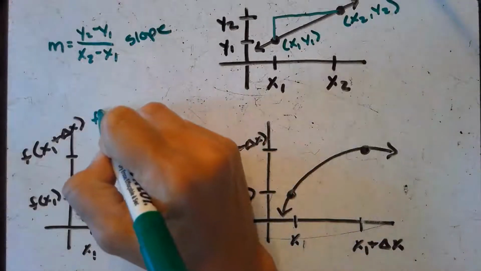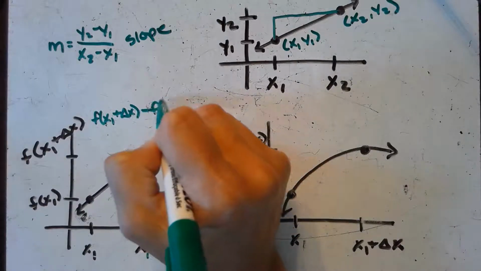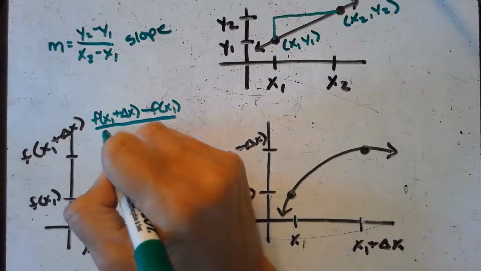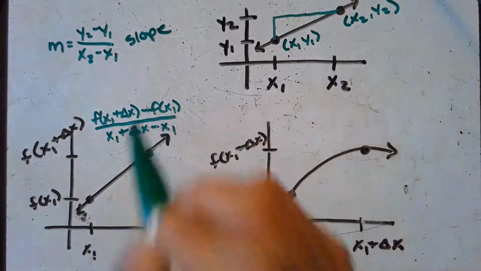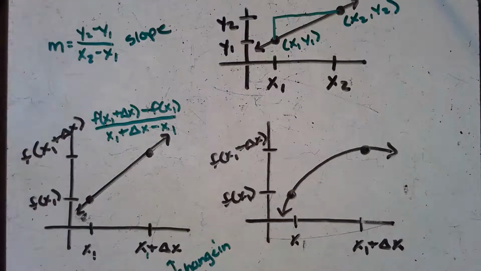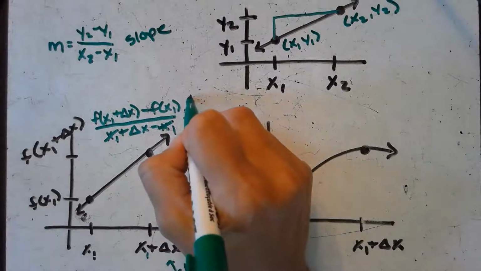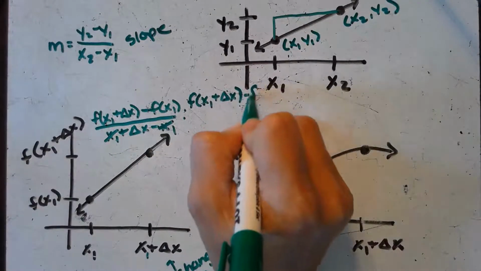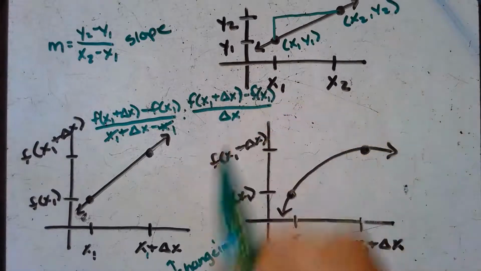It would be f of x1 plus delta x minus f of x1 over x1 plus delta x minus x1. Well, if you actually notice this for a second, these two are going to cancel. So basically the notation is f of x1 plus delta x minus f of x1 over just the change in x.